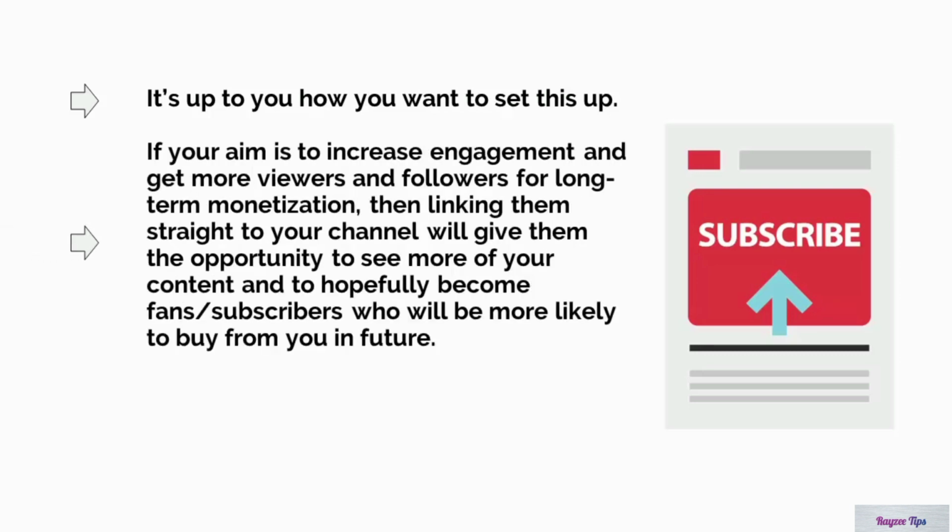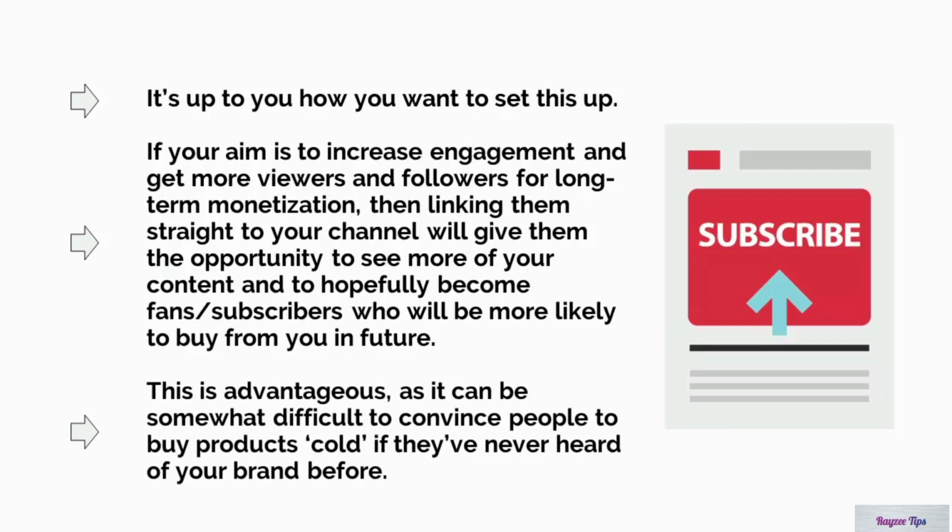If your aim is to increase engagement and to get more views and followers for long-term monetization, then linking them straight to your channel will give them the opportunity to see more of your content and to hopefully become fans or subscribers who can be more likely to buy from you in future. This is advantageous as it can be somewhat difficult to convince people to buy products cold if they've never heard of your brand before.